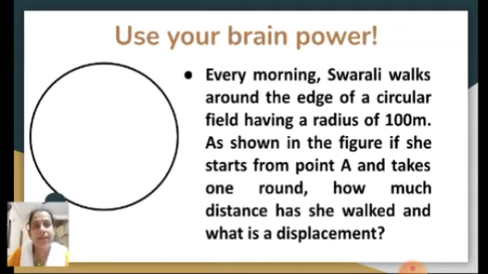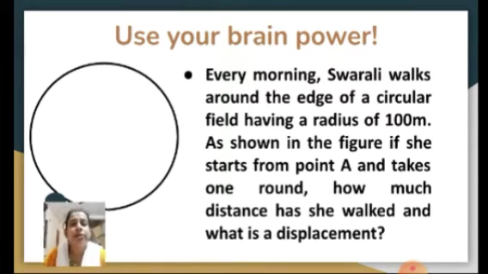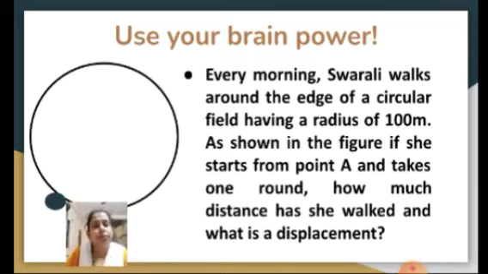Fine. So let's try to learn this more by taking some more examples, like the example given on page number 2, the use your brain part. Here you can see a circle. It is the edge of a circular field with a radius of 100 meters.